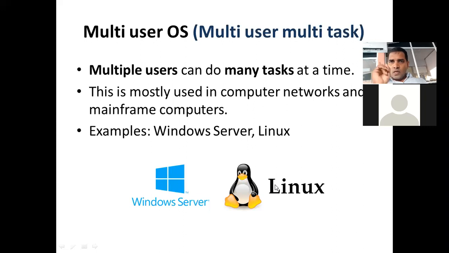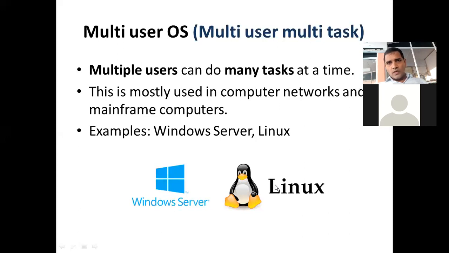What does it mean? At a time, many people can work and also they can perform many tasks, right? So how is it possible? It is possible only in networking and also mainframe computers, right? So we have Linux, we have Windows Server. Understand everything clearly, right? Then you don't need to memorize anything.